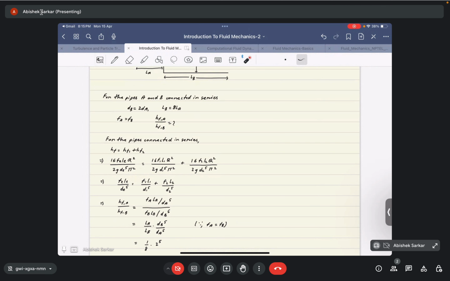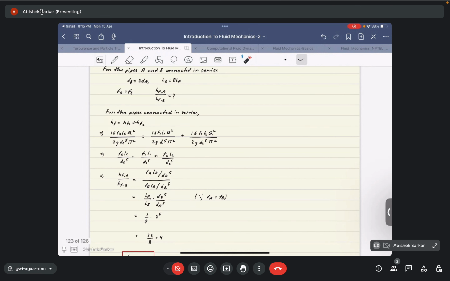Now if we cancel out the constant terms here, we will have F L by D to the power 5 equal to F1 L1 by D1 to the power 5 plus F2 L2 by D2 to the power 5. Now we are asked to find the ratio of HFA by HFB.